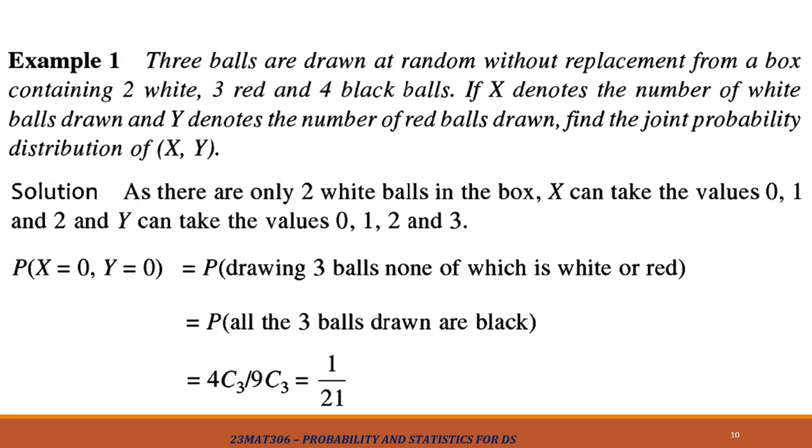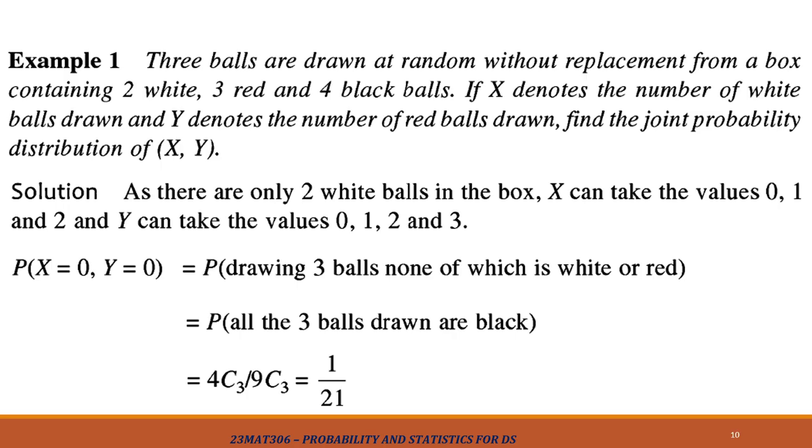Next, in example 1, 3 balls are drawn at random without replacement from a box containing 2 white, 3 red and 4 black balls. If x denotes the number of white balls drawn and y denotes the number of red balls drawn, find the joint probability distribution of (x, y). Here we have 2 white balls, so x can take the values 0, 1 or 2.